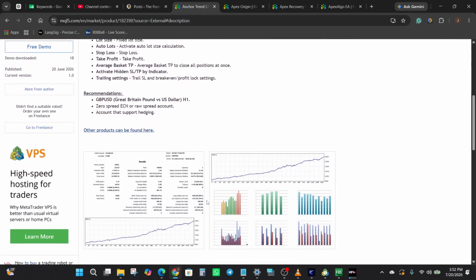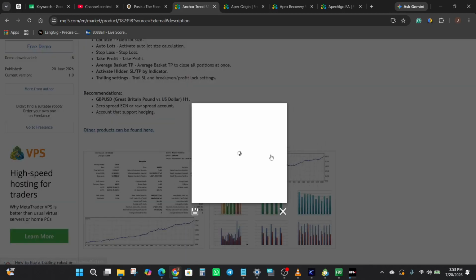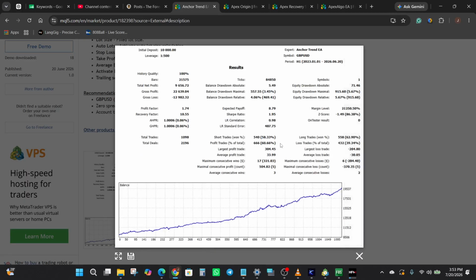So let us briefly look at the provided strategy tester report here before we head over to my own strategy tester. So from what we have here, initial deposit was $10,000 and the test was conducted on GBPUSD H1 time frame from the beginning of 2023 to the 20th of June 2026.